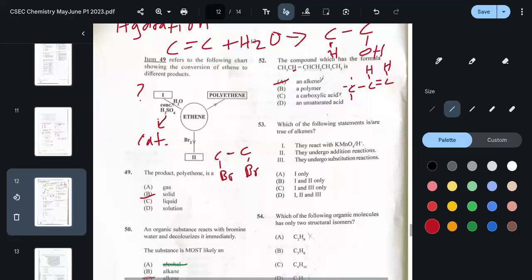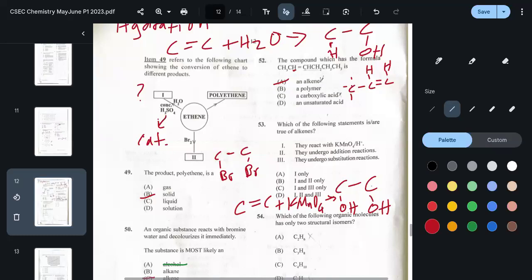The potassium permanganate will decolorize in the alkene. If you react it with the alkene, at the site of the double bond you should get two OH groups. For example, if you react ethene with potassium permanganate, you should get this compound, with two OH groups.